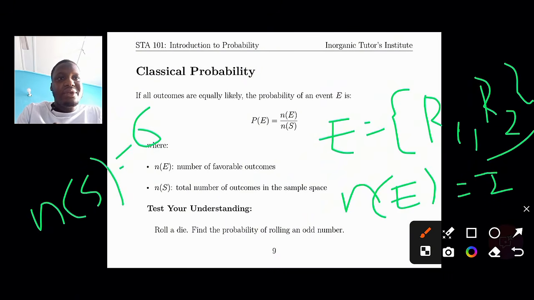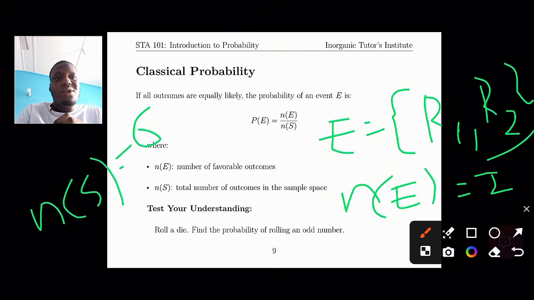Because all the outcomes are equally likely, we just divide the total number of elements in the event by the total number of elements in the sample space. I think this tests your understanding. We saw it in the previous slide. Roll a die, find the probability of rolling an odd number.